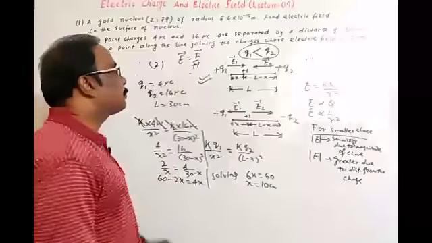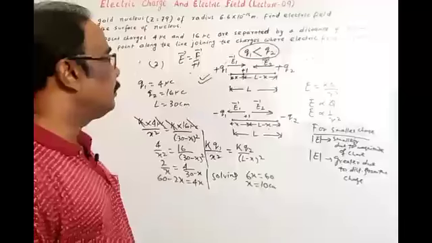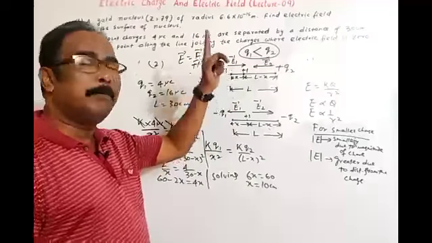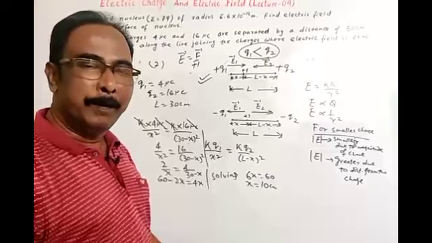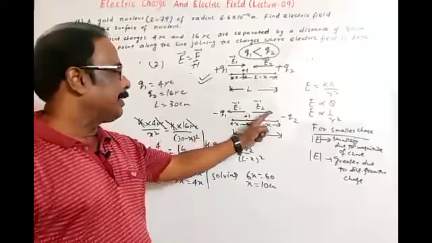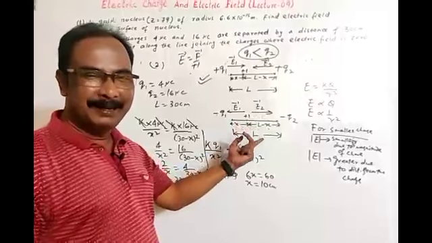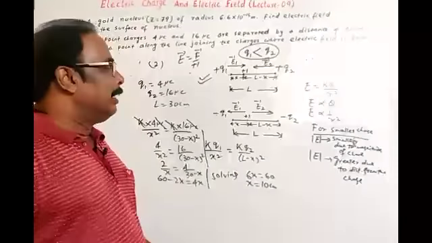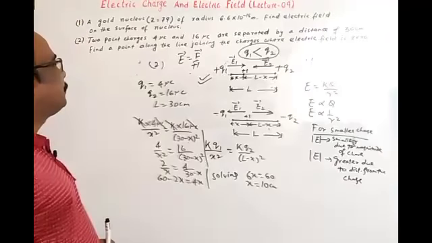Thus, in this question, we get zero resultant field intensity at a distance 10 centimeter from the smaller charge, means from plus 4 microcoulomb. Or if the charges were negative, then we may say from minus 4 microcoulomb. Okay. So this is question number 2.